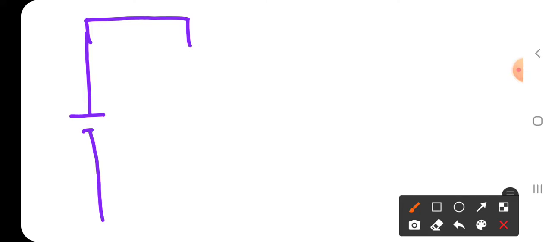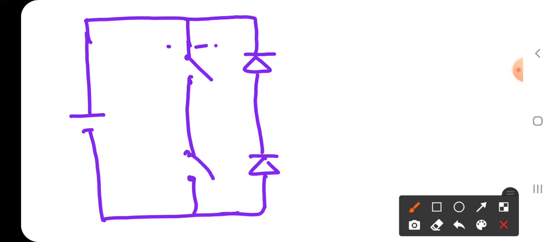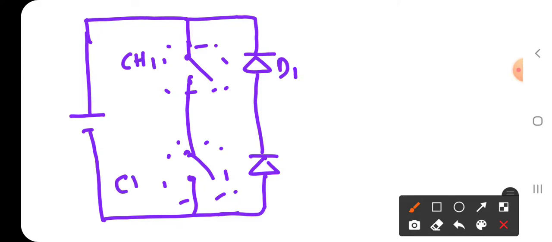As I already told you, this chopper is the parallel combination of two class C choppers. This is one class C chopper, and you know how a class C chopper acts. Let me take CH1, D1, CH2, D2, and here the load is there.